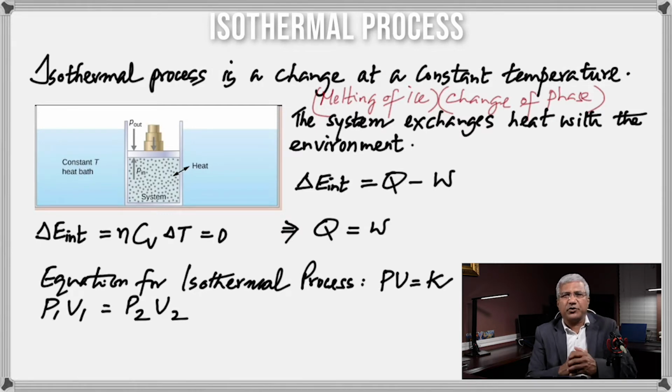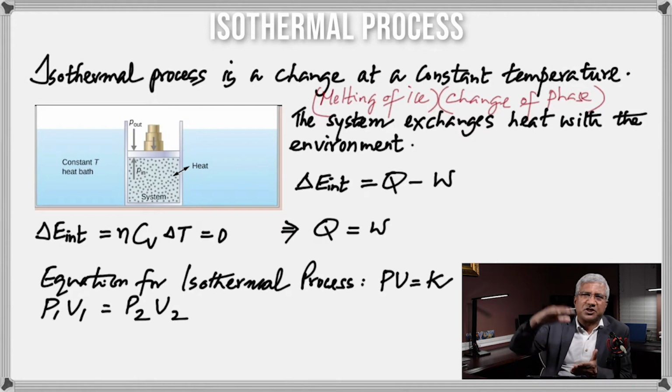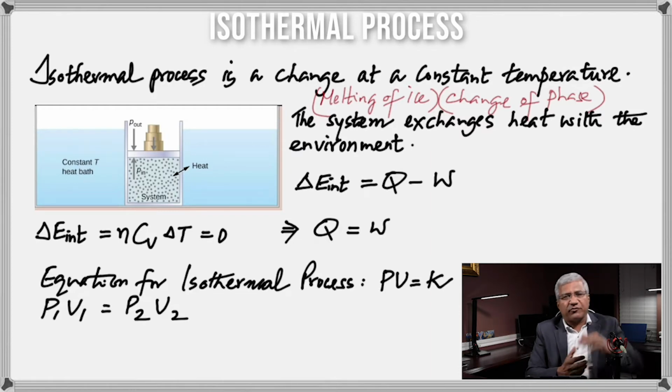It means that if you allow the gas to expand to double its initial volume, then the pressure becomes half of what it was. Or if you compress the gas to half of its initial volume, then the pressure becomes double. Either way, the product of pressure and volume will be the same. That is the equation for an isothermal process.